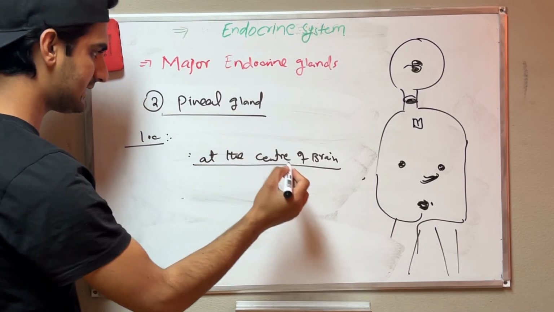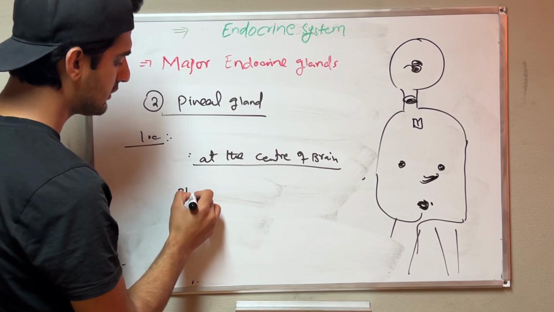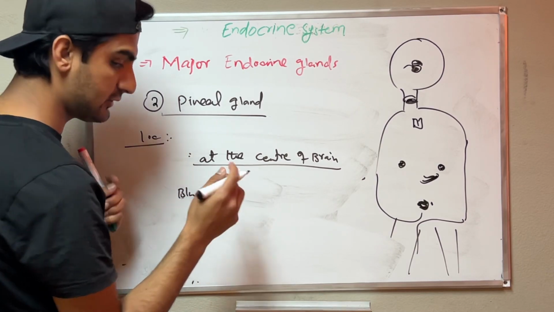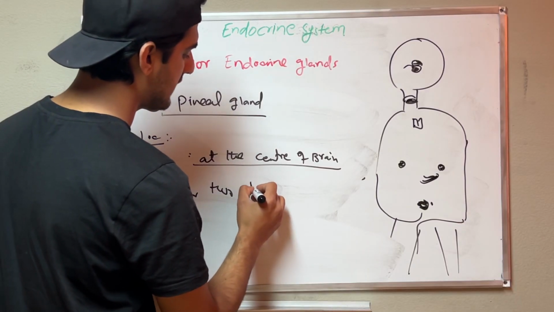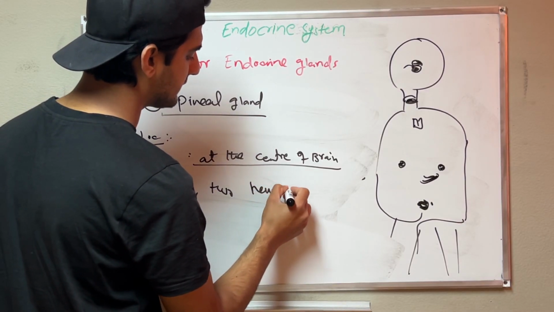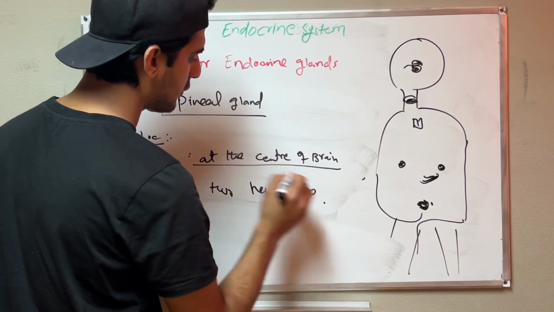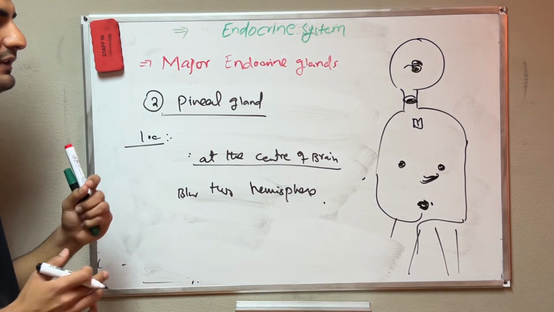It is at the center of the brain and between the two hemispheres. You remember we have two hemispheres in the brain; it lies between the two hemispheres. Okay, this is the location of the pineal gland.